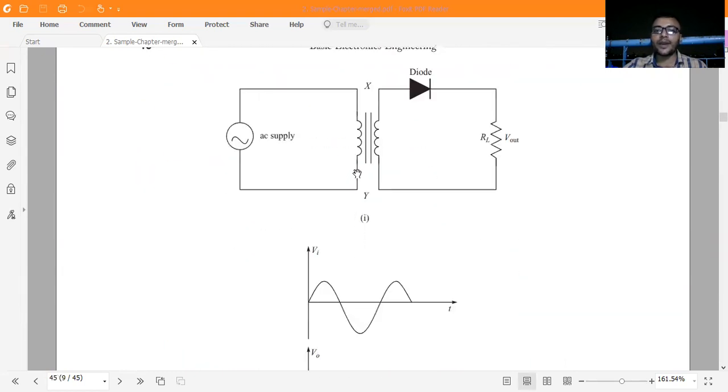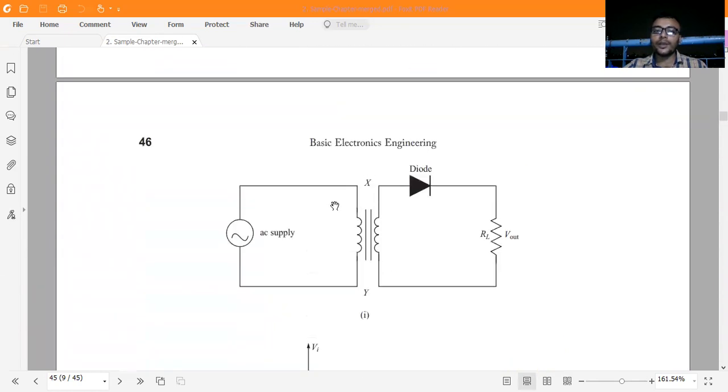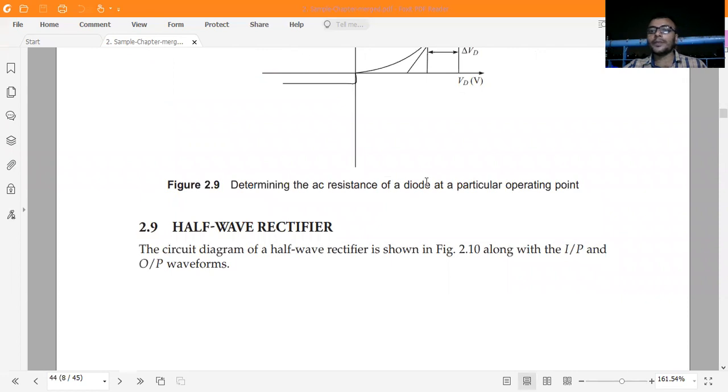In the half wave rectifier, if you look at the circuit, only one diode is used. If we apply the positive terminal here, then it conducts, but if we apply the negative terminal, then we find that the diode is not conducting. So in this case, it is not very useful for applications.